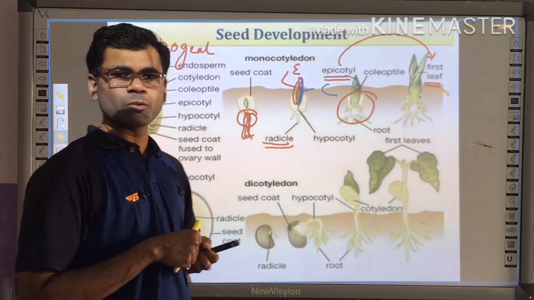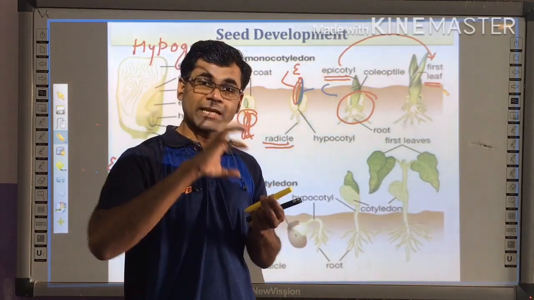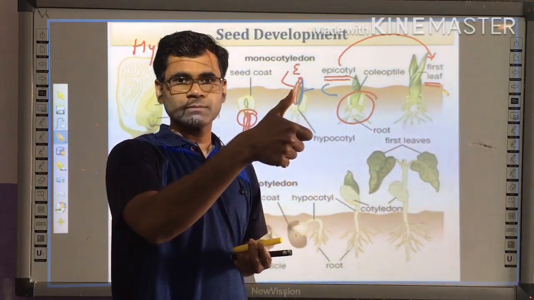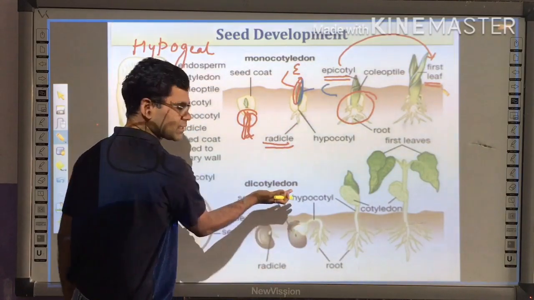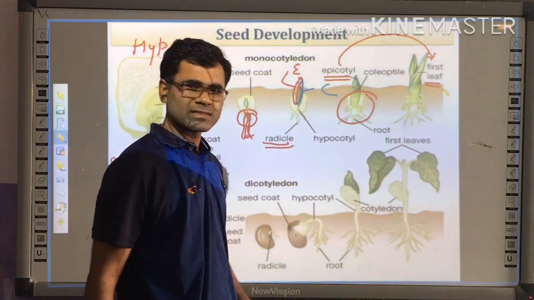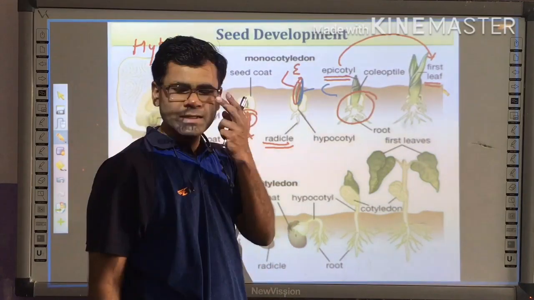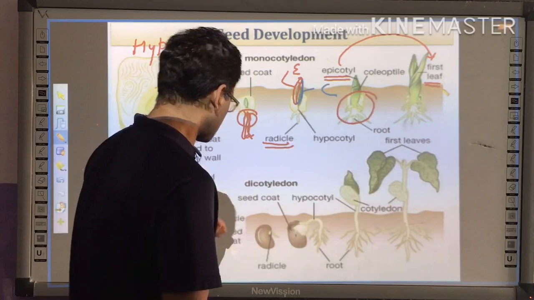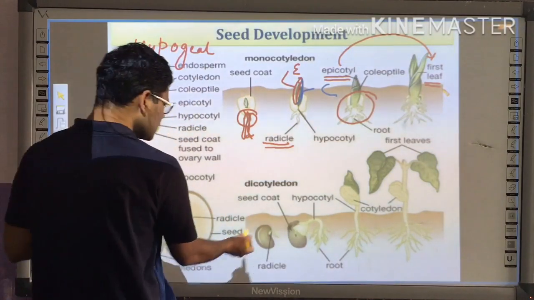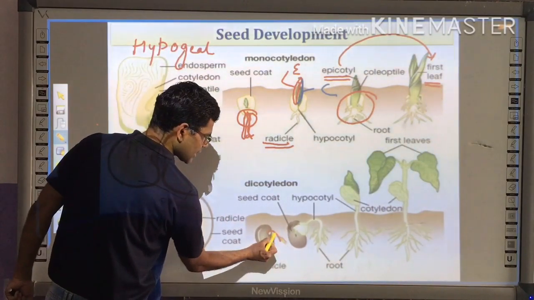Epigeal germination means what? Here the germination of seed takes place above the ground. In hypogeal, the germination of seed takes place below the ground, and here it takes place above the ground. It is commonly seen in the monocot embryo. Okay, so let's have a look at that. First the radicle came out.